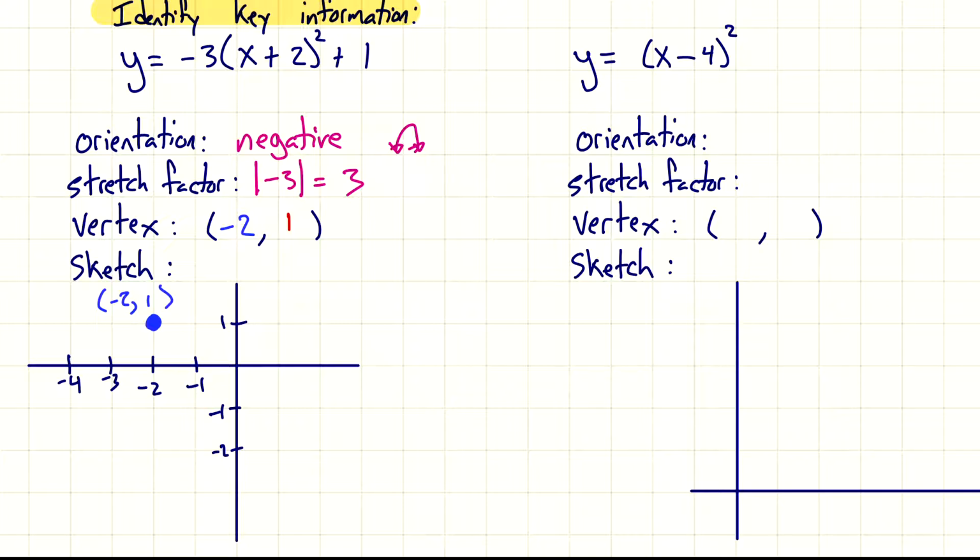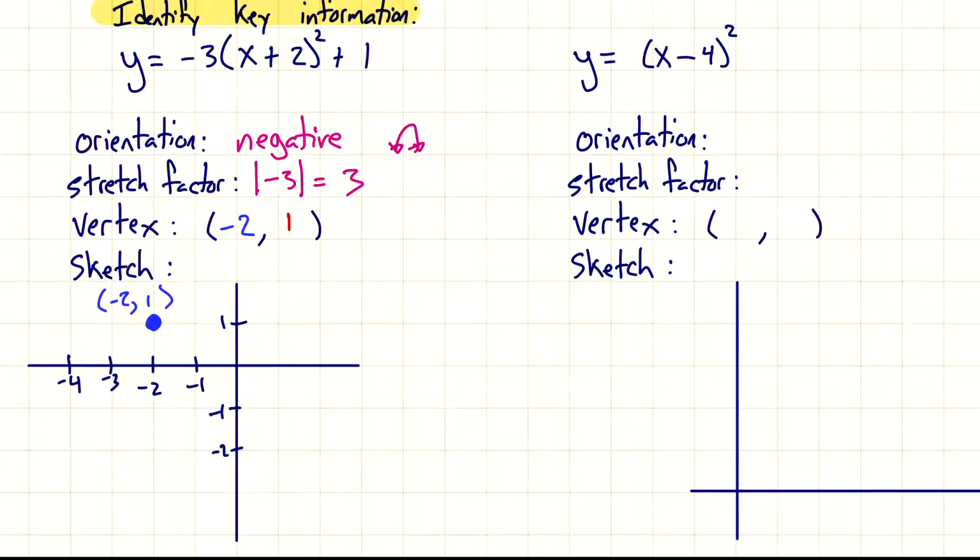So this kind of answers the question before on the previous handout we did, like how do you know which numbers to plug in? Well, once you know where your vertex is, you know you want to most likely plug in numbers to the left and to the right. And that's going to give you other points in this area.